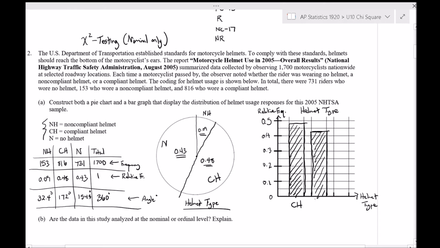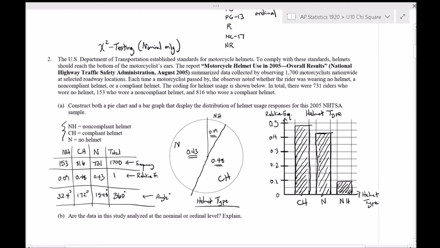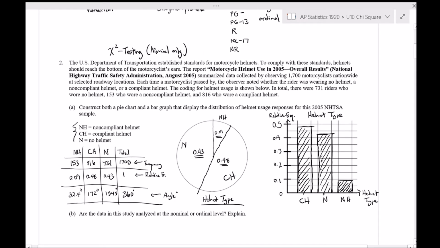This was for the no helmet N category. Non-compliant helmet NH will go here. And that one had a relative frequency of 0.09. 0.09 is up here, really close to 0. Something like that. And there's our Pareto diagram, or our bar chart. And that's it for 2A.